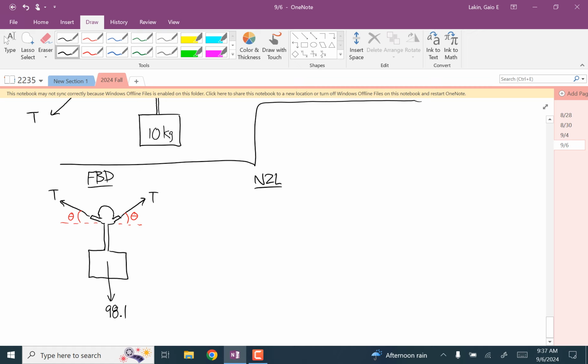So Newton's second law says, for the one on the right, this is T cosine theta, T sine theta. For the one on the left, this is negative T cosine theta, positive T sine theta.